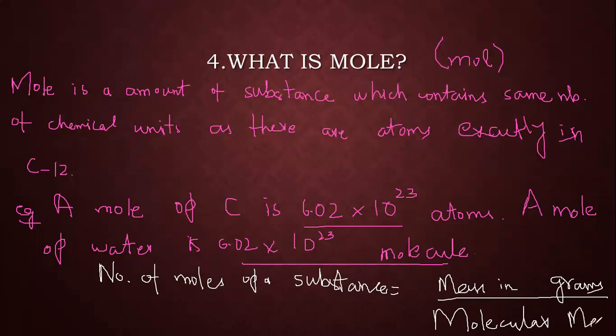This is the formula to find how many moles are in a substance. So this is the standard definition of mole. First define mole, then the symbol of mole, then practically how many particles represent a mole, the number of atoms in a mole of carbon, and the number of molecules in water, which is the Avogadro number.